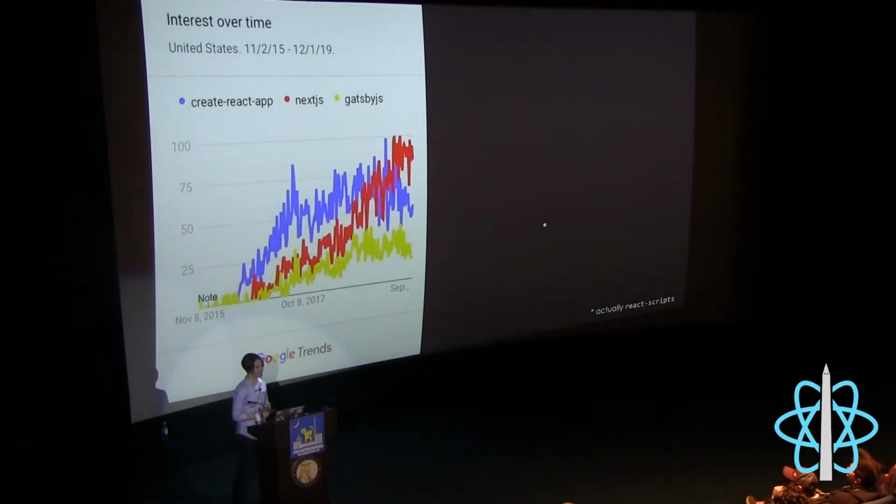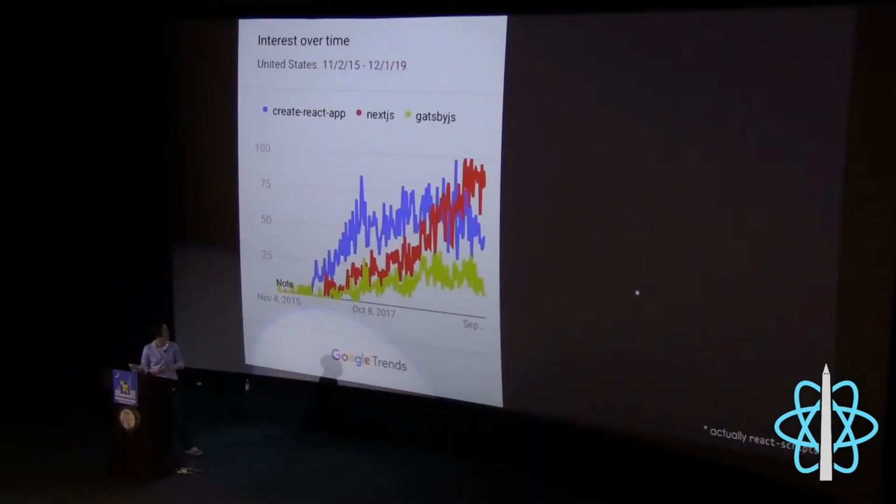But again, let's take a look at the data. Google Trends tells a story that is very believable. You can see in the blue, we have Create React App, which started off first. It started strong, and it's staying pretty strong. We have Gatsby in the yellow, a little bit of a latecomer, but it's got some substantial popularity.